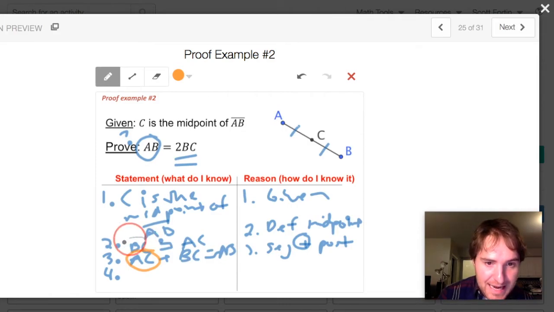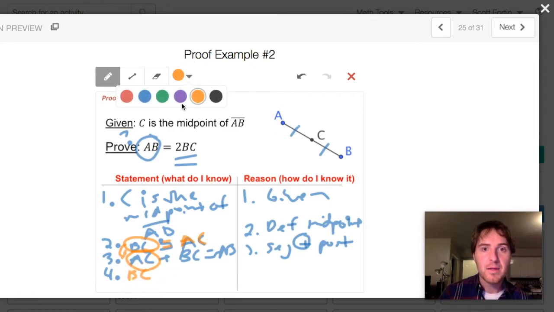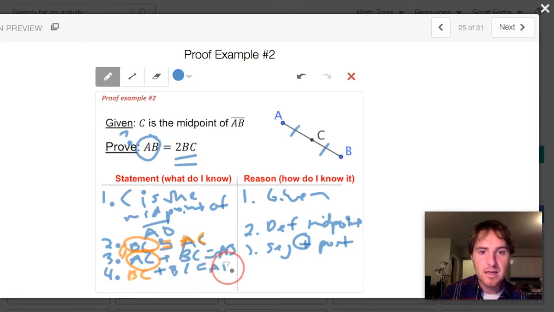We actually want to take BC and place it in for AC, because BC equals AC. Since BC is the same thing as AC, we can replace that in an equation here. So we substitute BC for AC, and I'm rewriting this equation: BC plus BC equals AB.